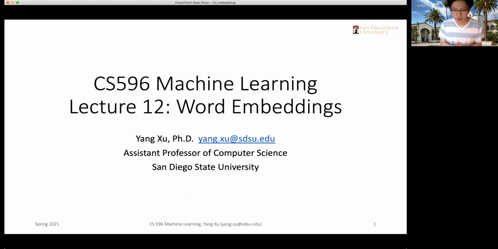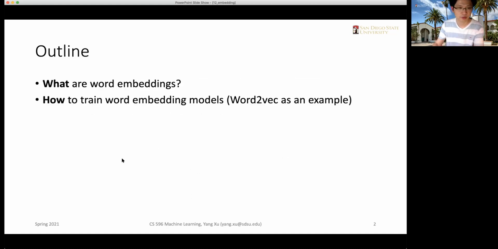Okay, so let's start from some background information here. We'll first talk about what the technique is, and we'll focus on one model, called word2vec, as an example to show how word embeddings can be trained.